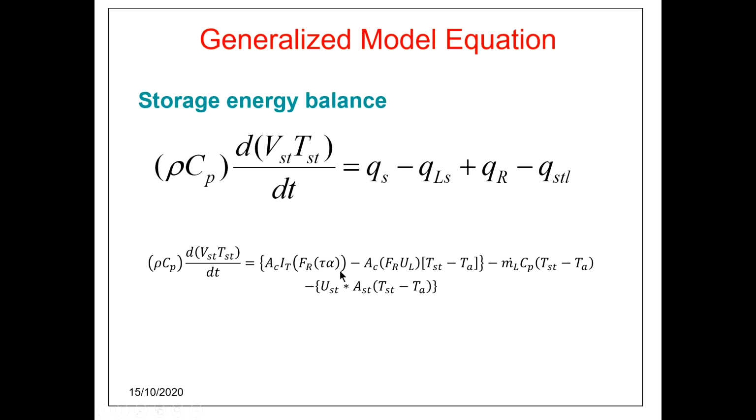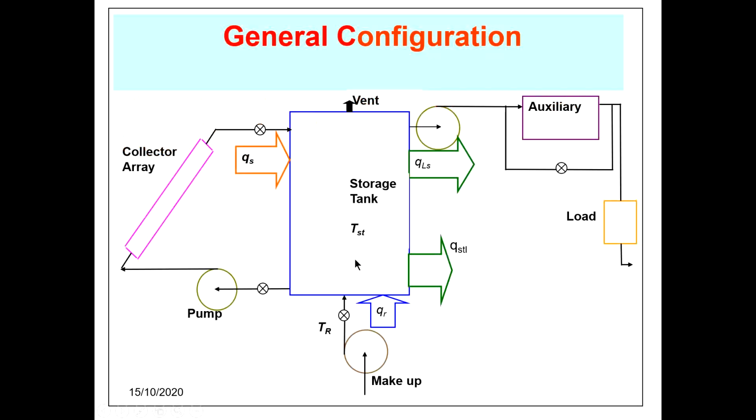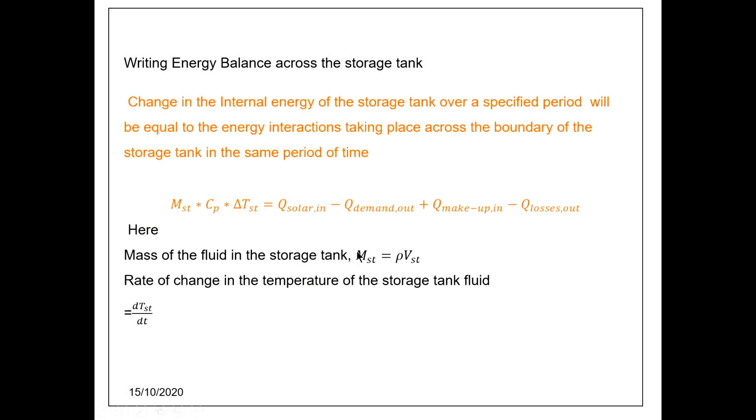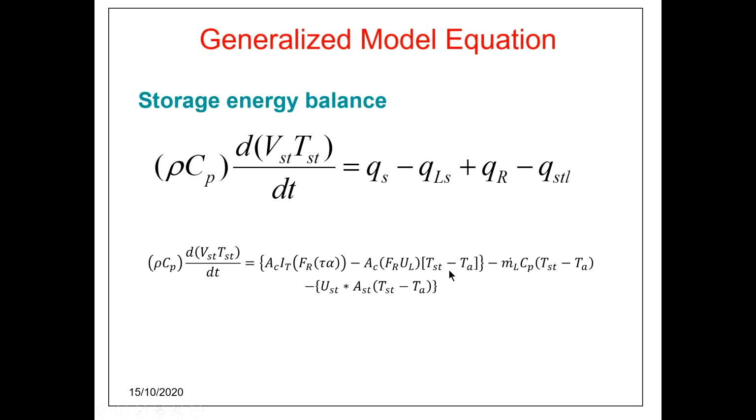AC IT FR tau alpha minus AC FR UL (Tst minus Ta). Why Tst? Because this is the temperature of the fluid entering the collector. So the temperature of the fluid which is entering the collector is nothing but Tst, and it is written here as Tst minus Ta. So this is Q solar, the energy added to the storage tank by solar energy.